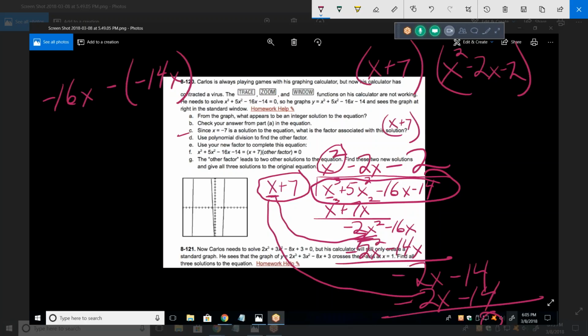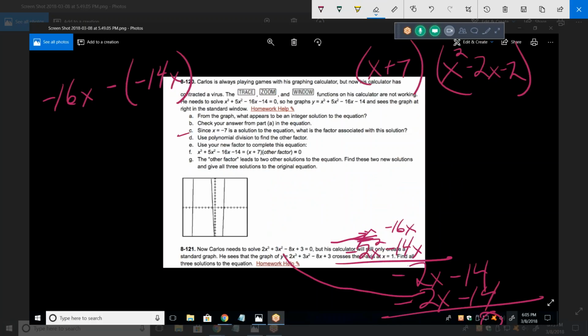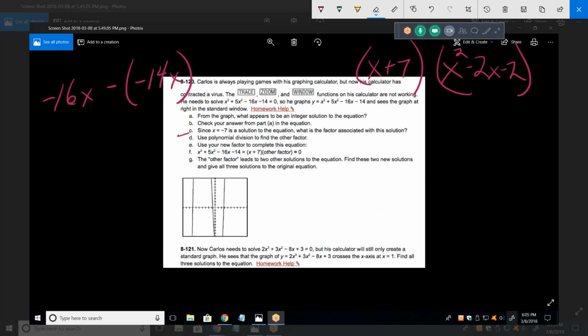So those are my two factors right there. One is a quadratic that I can still solve. And in fact, if I look at the graph, I know I have two other solutions. Here's a solution right here, and here's a solution right there. So I don't have imaginary solutions. Imaginary solutions don't cross the x-axis. So I have to have real solutions.